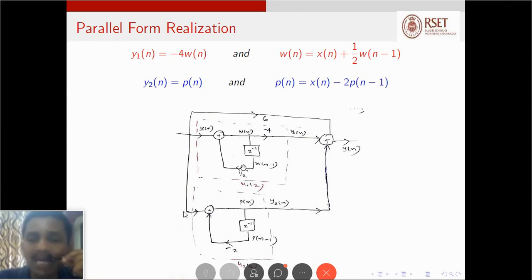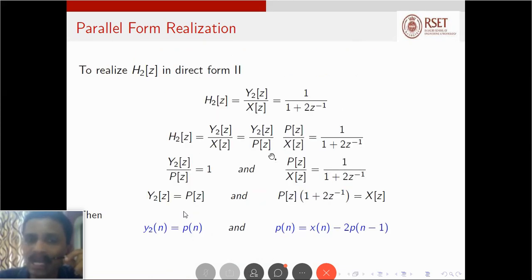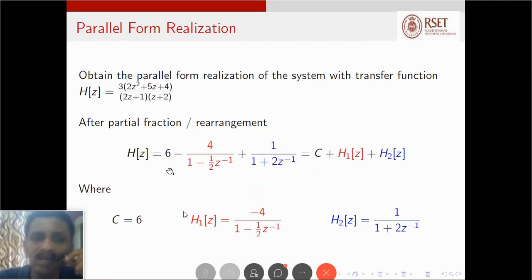Then arrange h1 of Z and h2 of Z in parallel form like this, and add them together. Here, this 6 is a constant in the equation. You can see that h of Z is equal to the constant 6 minus 4 divided by 1 minus 1 by 2 Z inverse plus 1 divided by 1 plus 2 Z inverse.